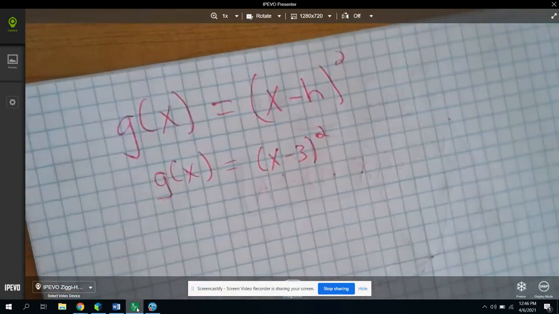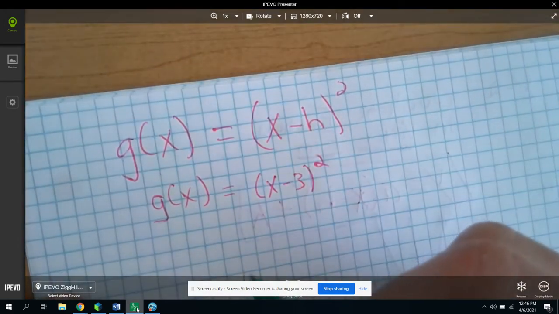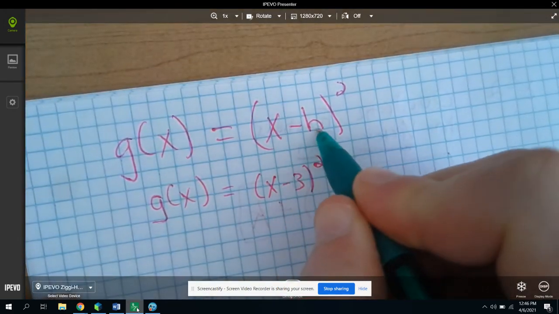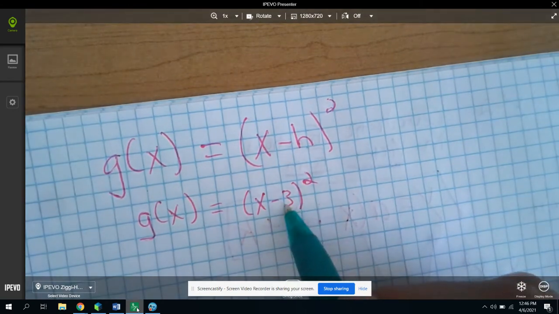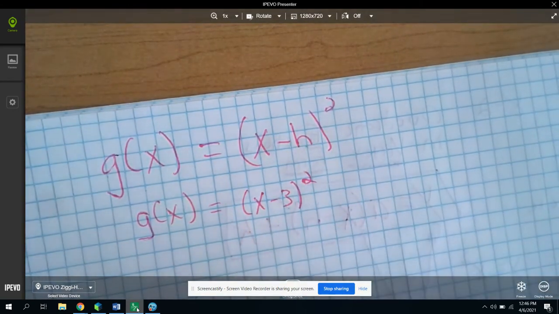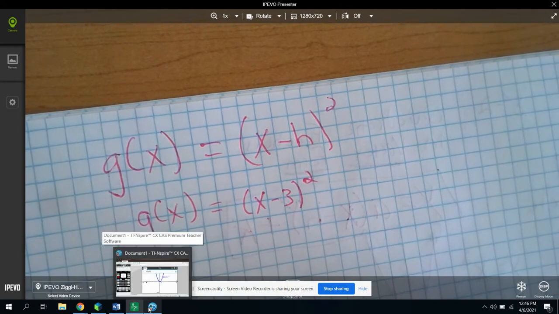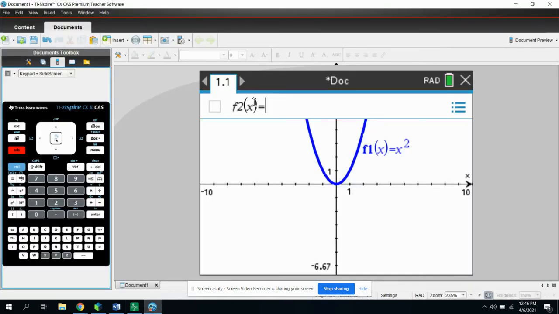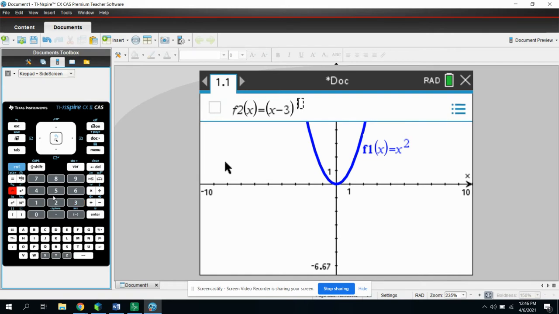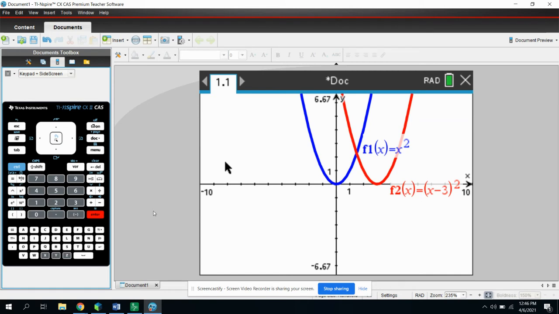Now let's talk about the other part, that (x minus h) squared part. If we are plugging a number in for h, like (x minus 3) squared, the 3 goes in for h. What is that going to do? Let's compare it to our parent function, y equals x squared. If we create our parentheses, x minus 3, and raise it to the second power, what is that going to do?